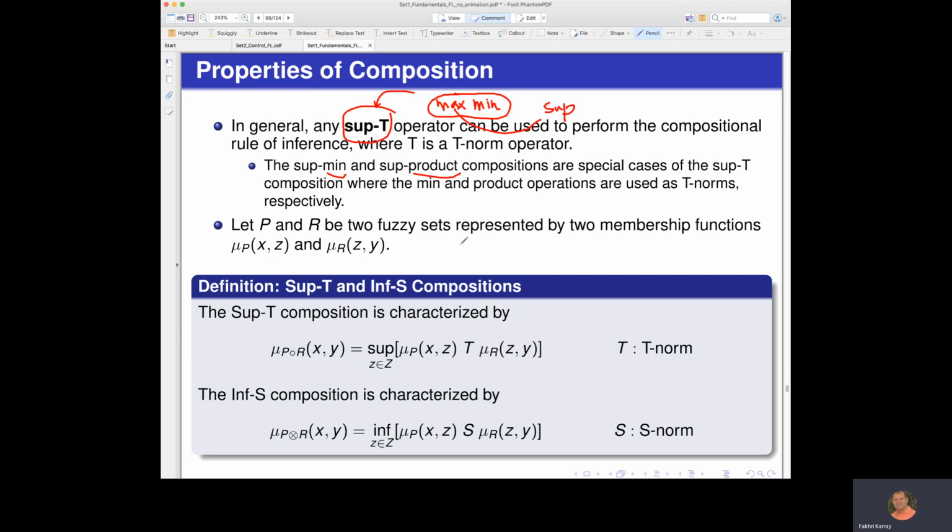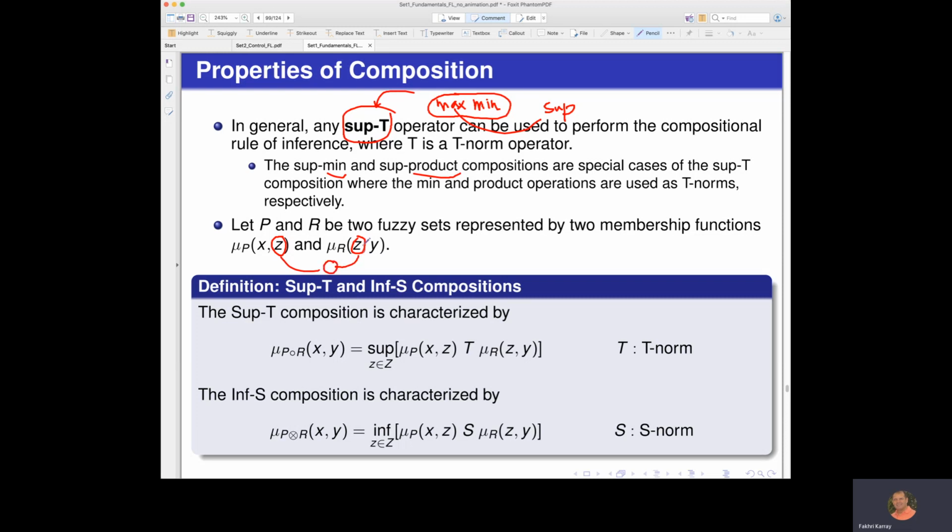So now let's go beyond this and talk about what is known as sup T and inf S compositions in general cases, when we are dealing with two types of fuzzy sets that are represented by two membership function relations. First of all, when we are doing the compositional rule of inference, usually at least one of the elements has to be common. Otherwise, we are not able to do this type of composition.